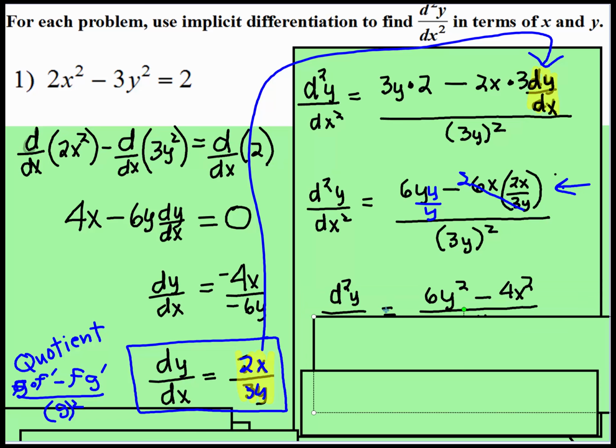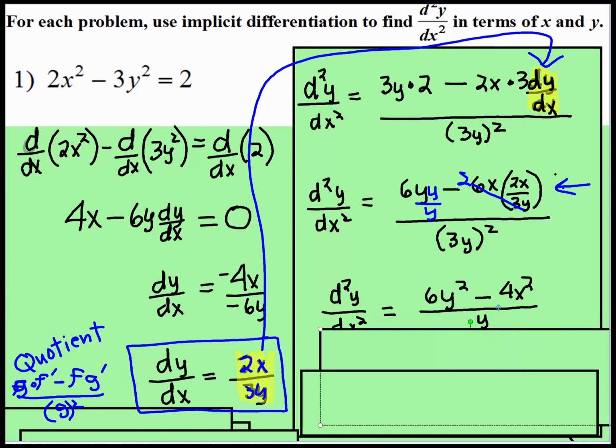So when we simplify further, when we multiply top and bottom by y, we get 6y squared. Subtract this 2 that canceled when you did 6 divided by 3. 2x times 2x is 4x squared. And all of that, they all share a y under that denominator. And all of that is over 3y squared. Simplify that to 9y squared.